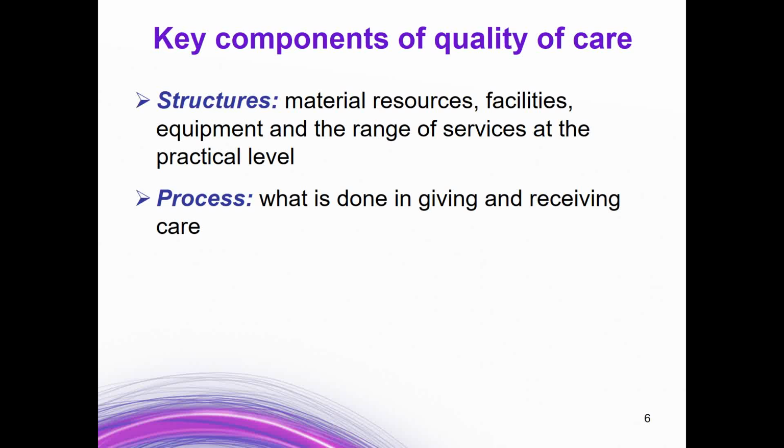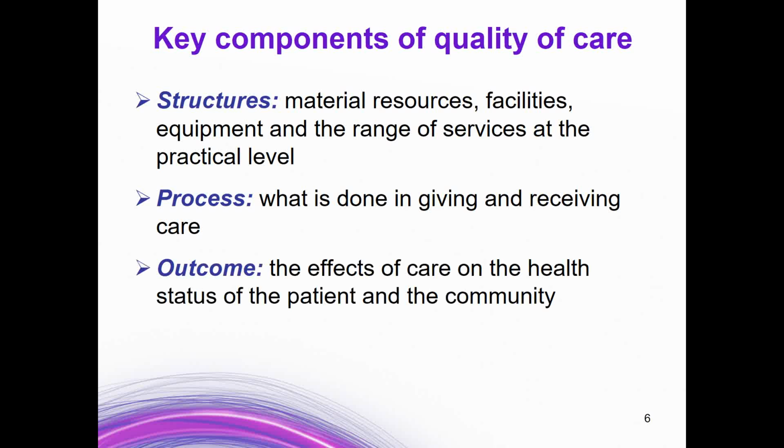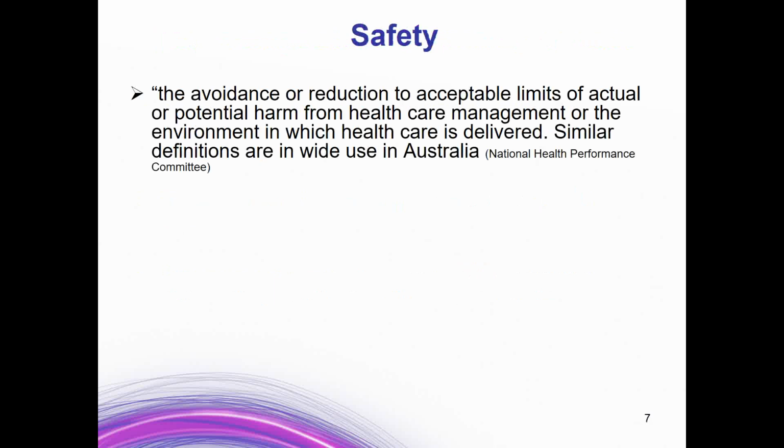Then the process through which that care is provided, and the level of outcomes we expect for the patient and the community. So when we measure the quality of care, we measure it through structure, process and outcome, because without consideration of structure and process, the outcome might be compromised.